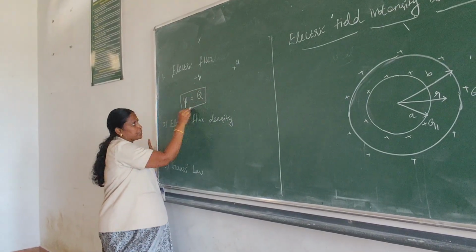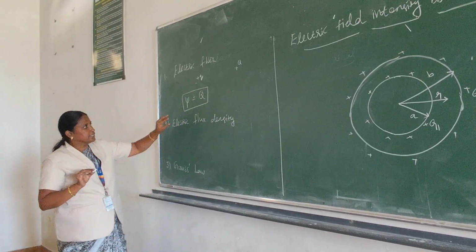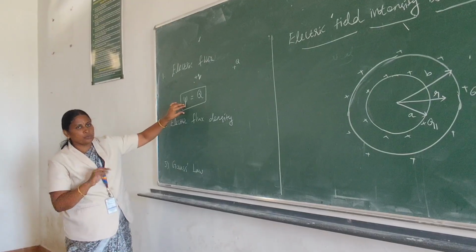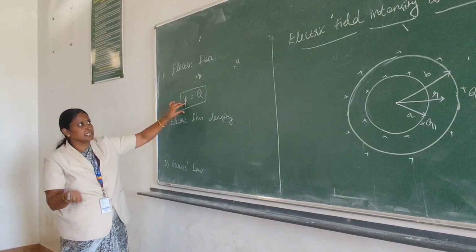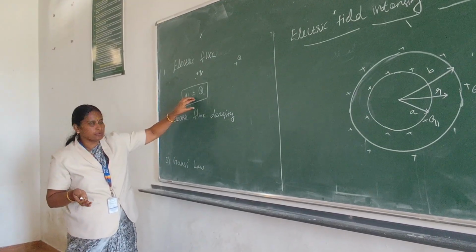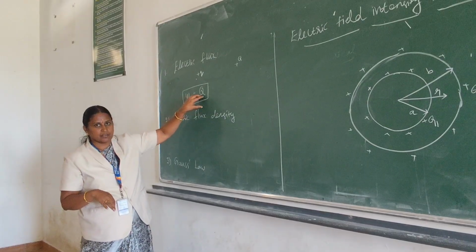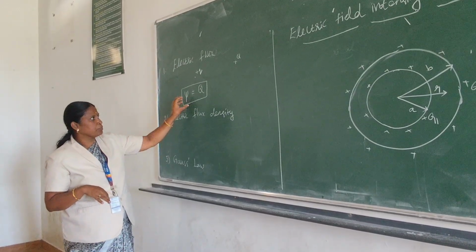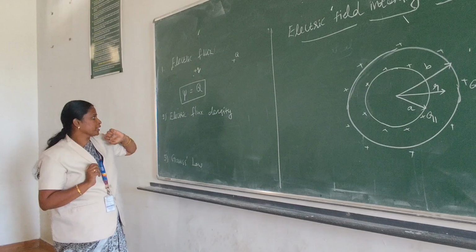We must know very clearly that the electric flux between two charges, that is the test charge and main charge, will be equal to the charge itself. So the electric flux will be equal to the main charge, right?